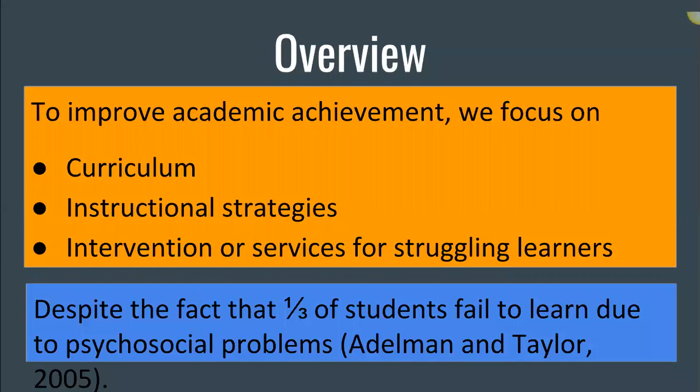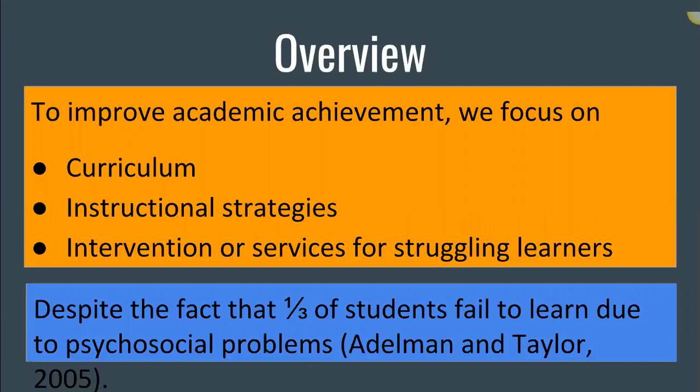If you are looking at the PDF version of this IES practice guide, the following overview is provided on pages 5 through 7. Most of the attention given to school improvement is academic in nature and focused on curriculum, instructional strategies and interventions, or services for struggling learners. However, even after addressing these needs, barriers still remain for some students.